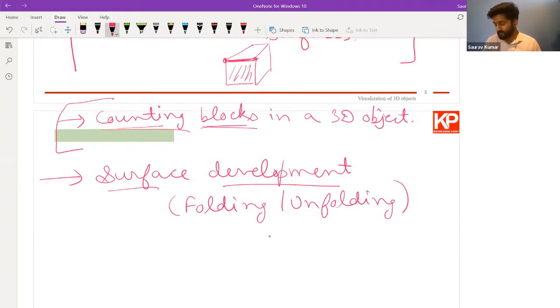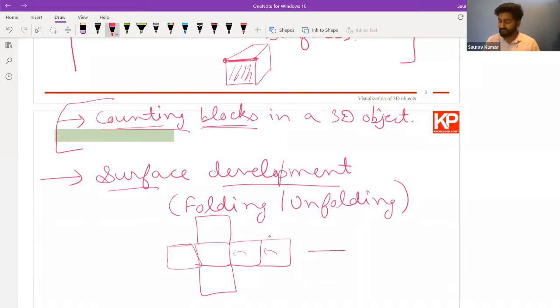Remember in our weekend newspapers, we sometimes get such kind of quiz questions in which they give an open surface, something like this. And then they ask, if we fold all these surfaces, what will we get? Such questions are there in surface development. Obviously, NATA or JEE won't ask you questions this simple, but this is the basic idea of the concept.